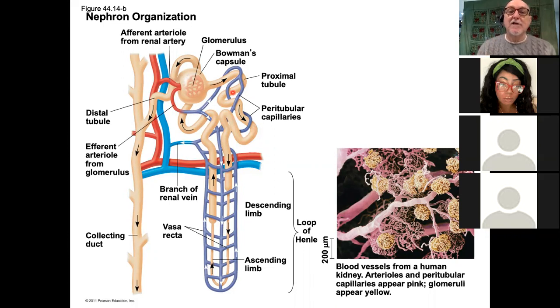So I'll just very briefly, there's one last thing I need to tell you. And that is the collecting duct here is really important, because the collecting duct is not just a passive tube. In fact, its permeability to water, its ability to allow water to pass out, is variable. And it's very varied under hormonal influence.